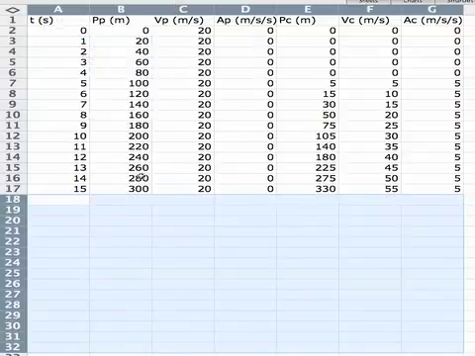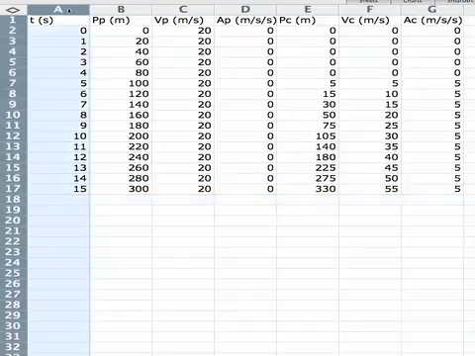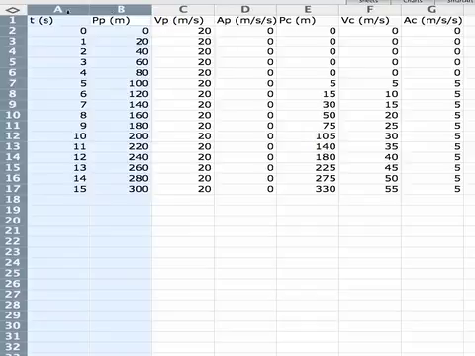Now, I'll show you how to do it for one set. I'm highlighting column A, column B, and then column E. I'm on a Mac, and I'm using the Apple key to select those so that I'm not selecting the ones in between.